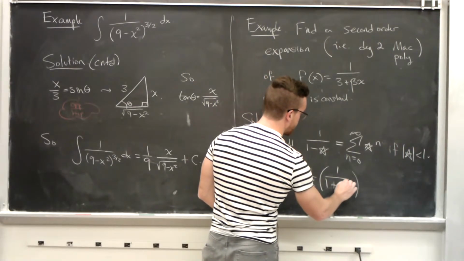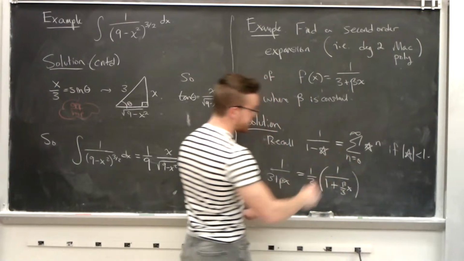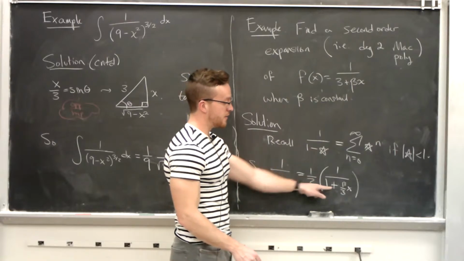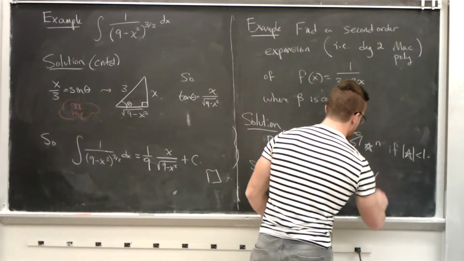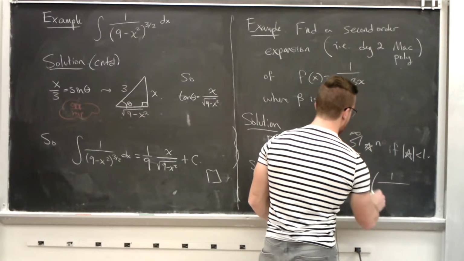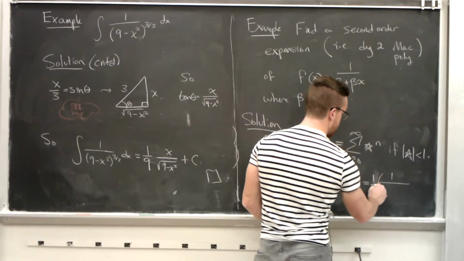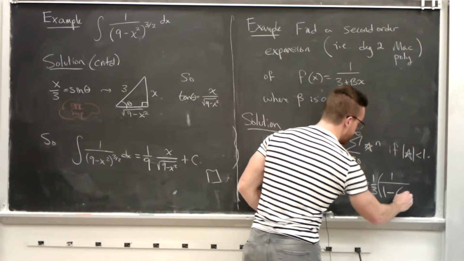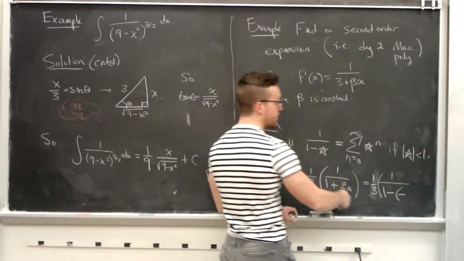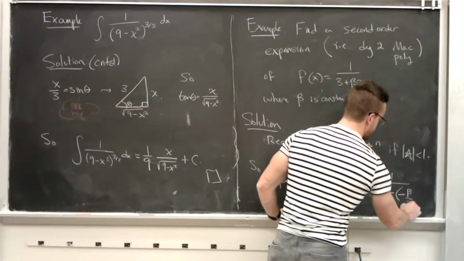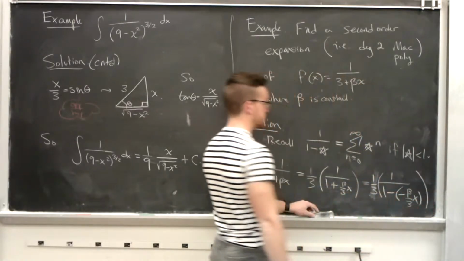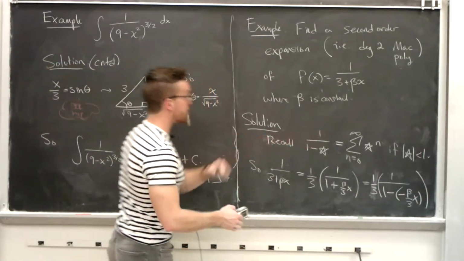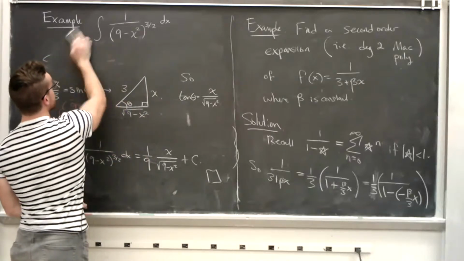That would give me beta over 3 times x. And then I want the plus sign here to be a minus sign, so I can make that happen by writing this as 1 over 1 minus negative beta over 3 x. Then in the parentheses, that thing looks exactly like that. I can run the expansion and we're pretty much done.